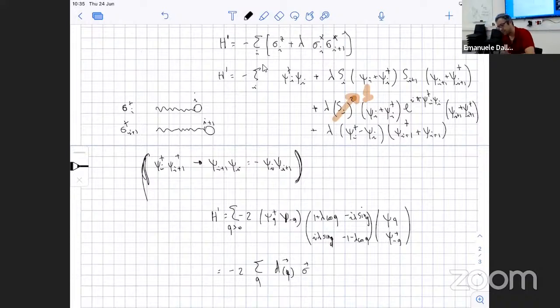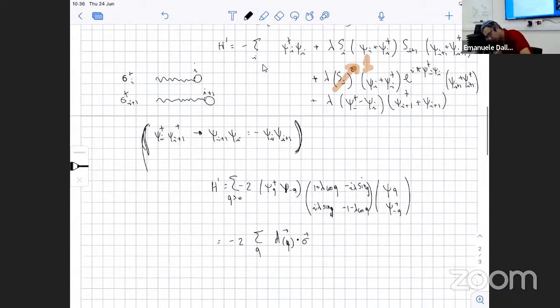This sigma vector is basically this matrix of psi daggers. So let's look at the matrix. What does this matrix have?